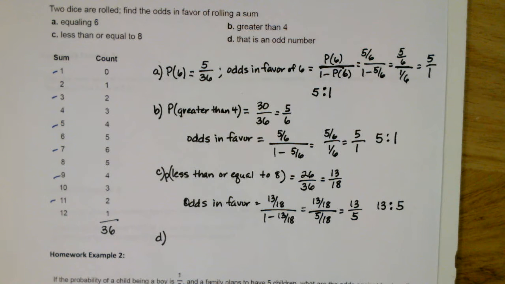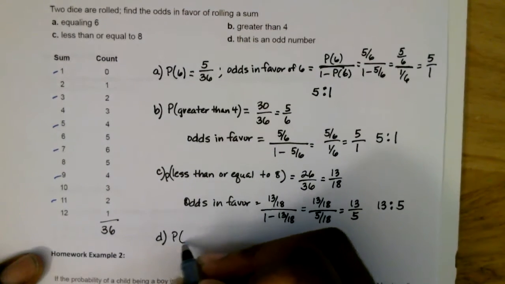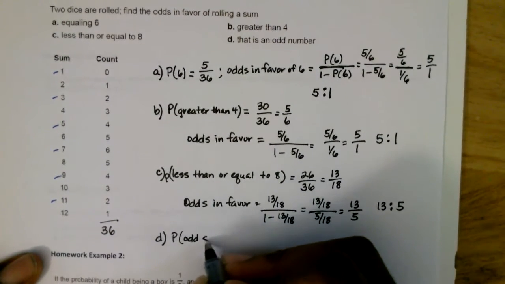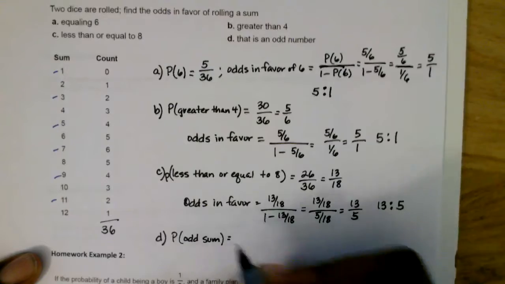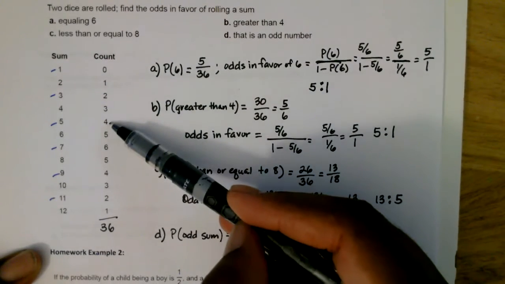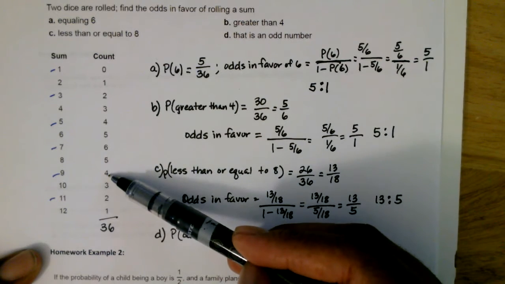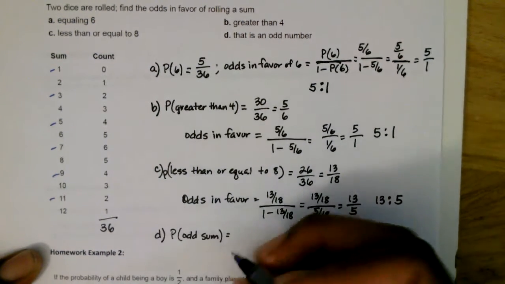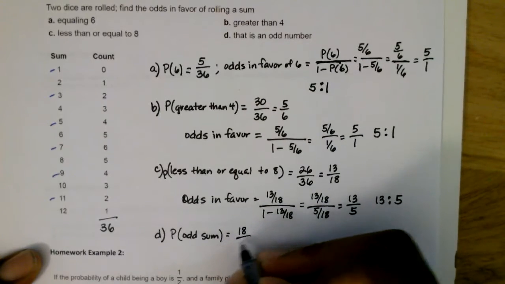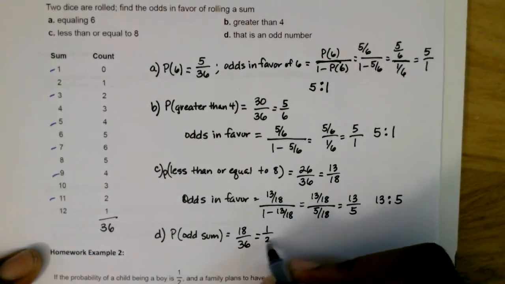So the probability of an odd sum would be this: 0 plus 2, that's 2, plus 4, that's 6, plus 6, that's 12, plus 4, that's 16, plus 2, that's 18, out of the grand total of 36. So if I reduce 18 over 36, that's going to be 1/2.